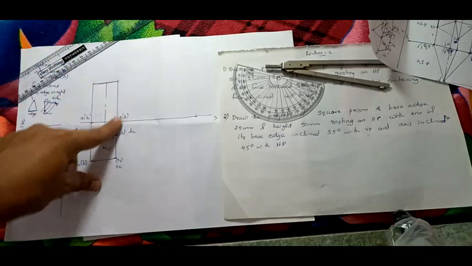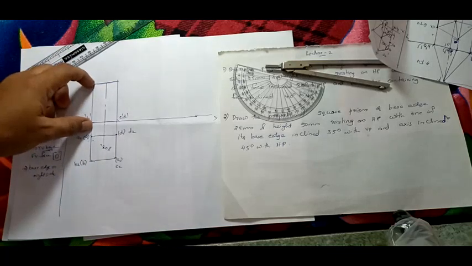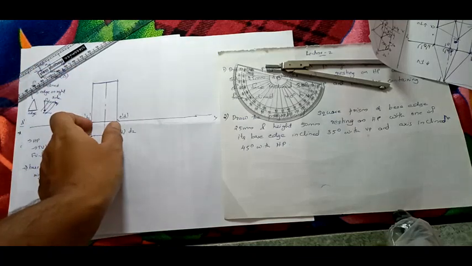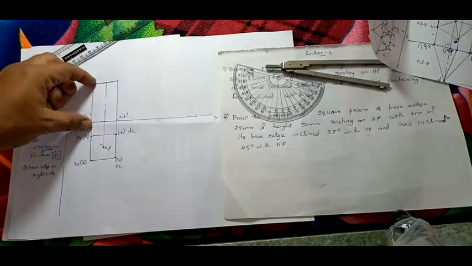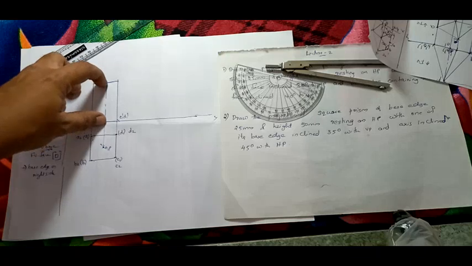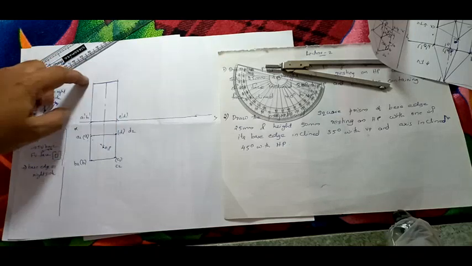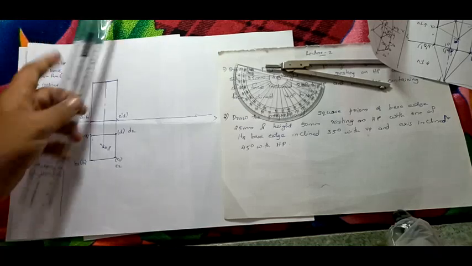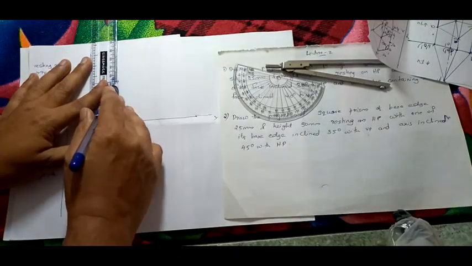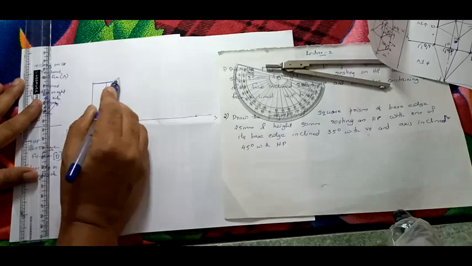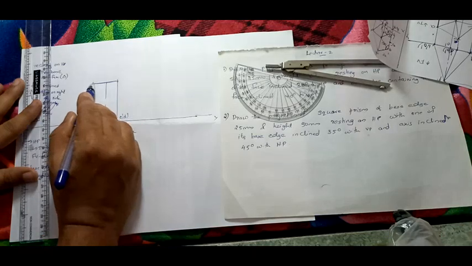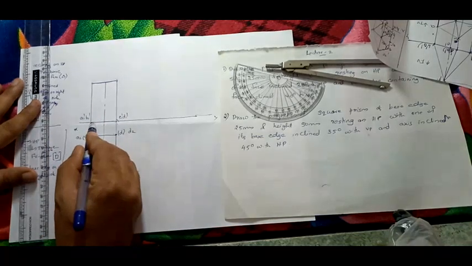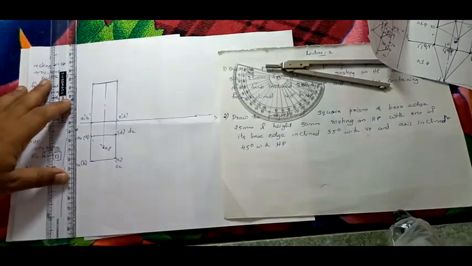Height 50 mm means 50 mm is the height and this is the side of the rectangle. You need not take the axis; instead you can take 50 mm here, draw a perpendicular, then complete it. How to draw a rectangle I need not tell, right? From here itself you can take 50 mm and mark that point, then from here draw a 90-degree line, here also draw a 90-degree line, and it will join here. That is okay.